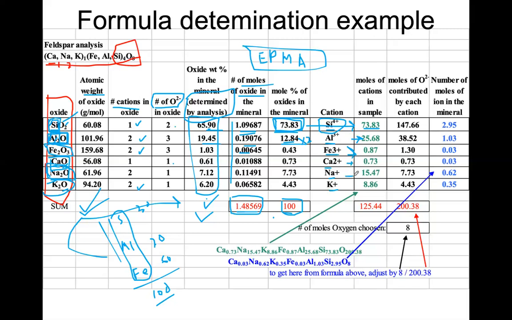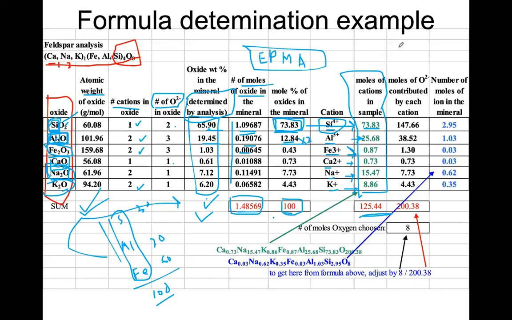Sodium, again twice. Potassium also again twice. So likewise, you get the moles of cations in the sample, and you can sum them up to see the total moles of cations in the sample, right?